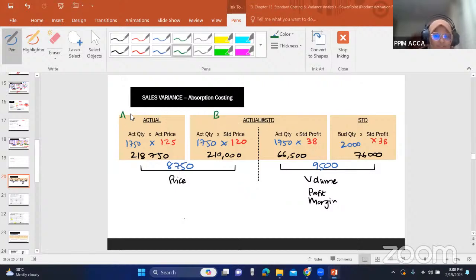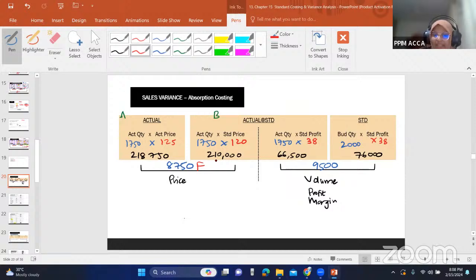This is the actuals. Because sales variance means we have budgeted to get 210,000. We have got how much? 218,750. So we have got more. Getting more is a good thing. And so this becomes a favorable variance.